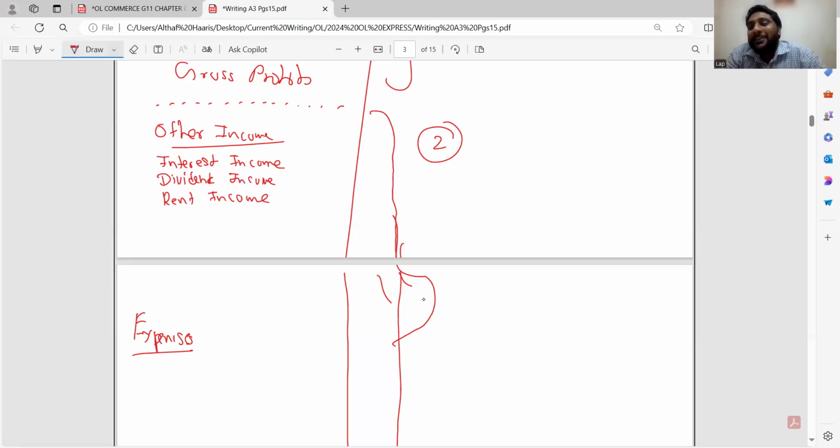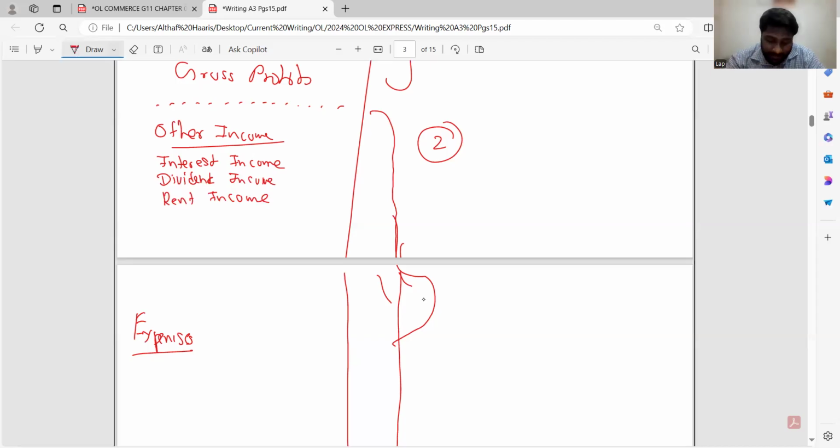Okay. Interest on the loans that you have taken. Marketing expenses. Delivery expenses. So a lot of expenses are there.